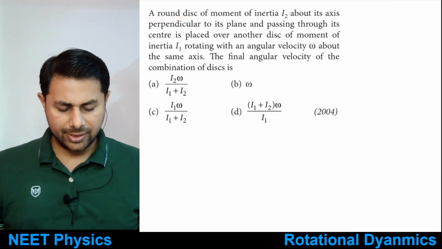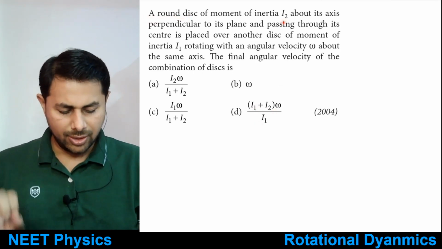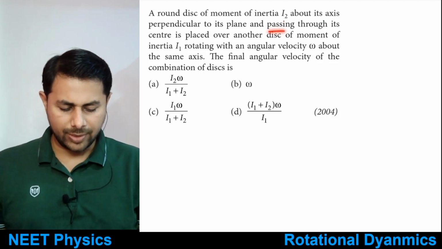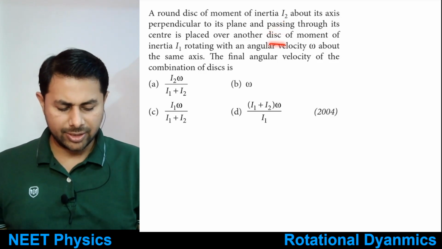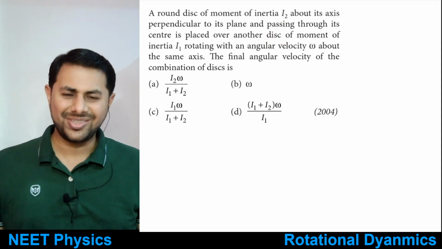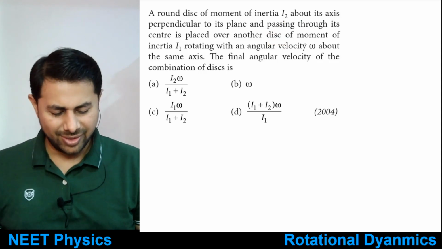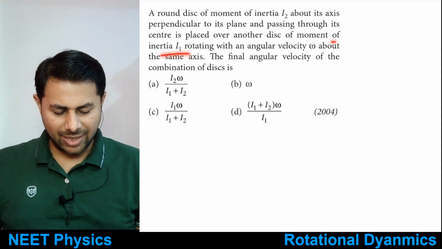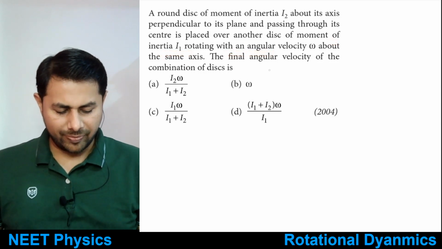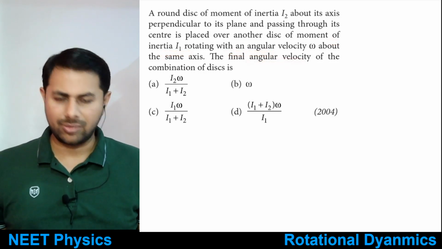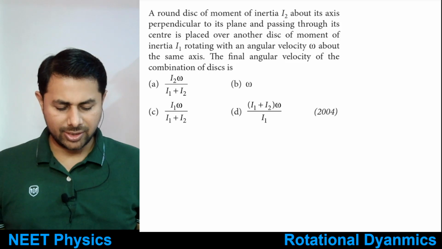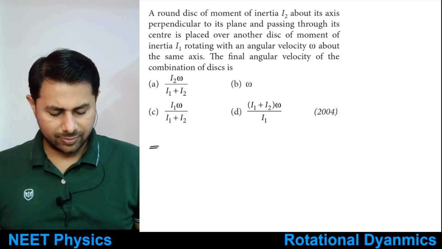A round disk of moment of inertia I2 about its axis perpendicular to the plane and passing through its center is placed over another disk, see, repeated one, of moment of inertia I1 rotating with angular velocity omega. What is the final angular velocity of the combination of disks?